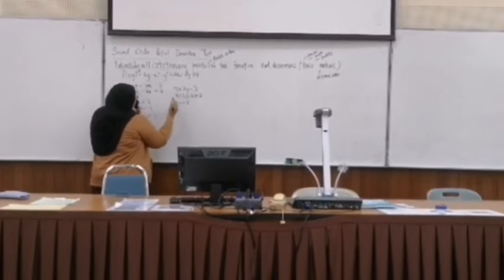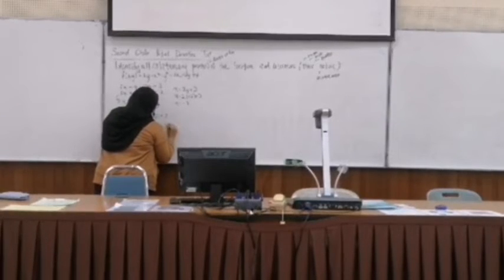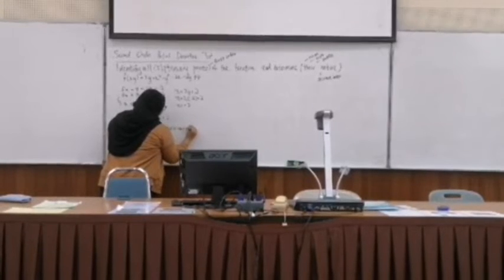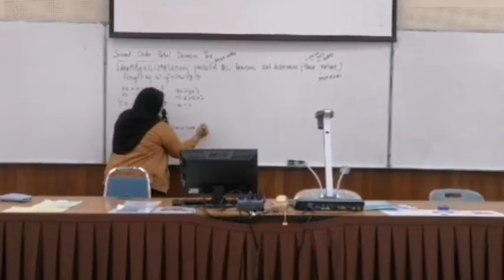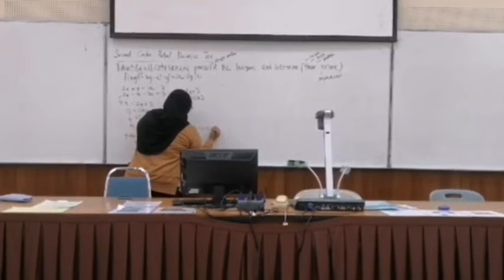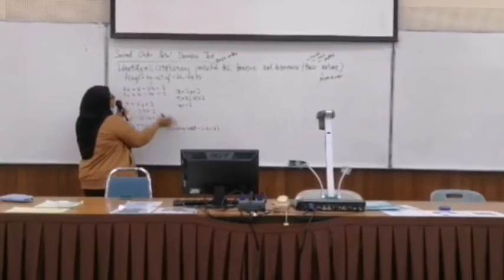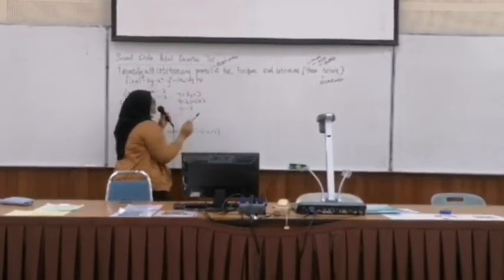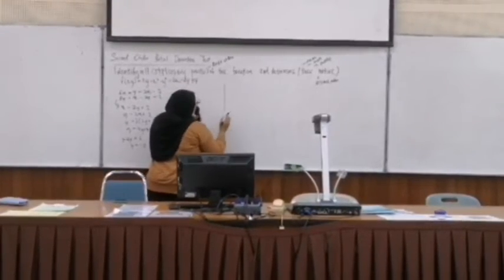So we know the stationary point is negative 2, negative 2. So we get the first answer, the stationary point, and next we will find their nature.